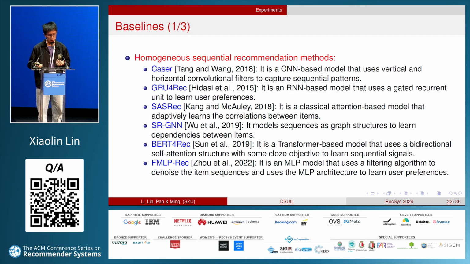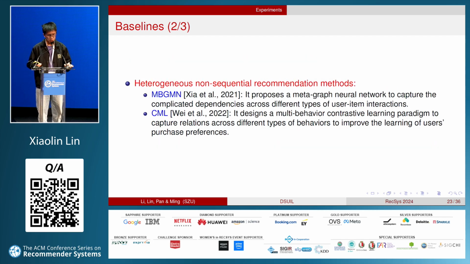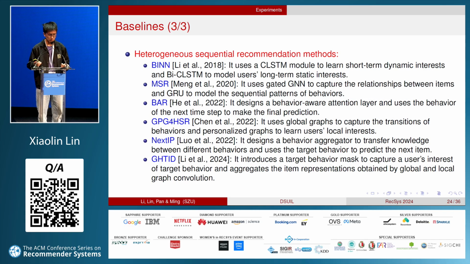These methods do not consider behavior information. The second group is heterogeneous non-sequential recommendation, which we also call multi-behavior recommendation. They consider behavior information, but they do not consider the sequential information in the sequence. The third group is heterogeneous sequential recommendation. They focus on the same problem as we studied.